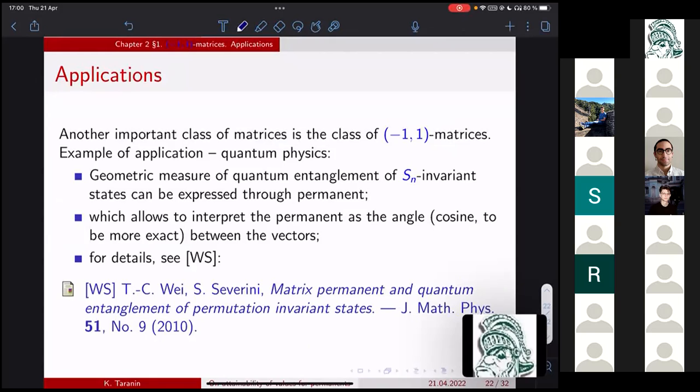You see that this paper was written only 12 years ago, and it says that the geometric measure of quantum entanglement can be expressed by a permanent, and it allows us to interpret the permanent as the angle between vectors.